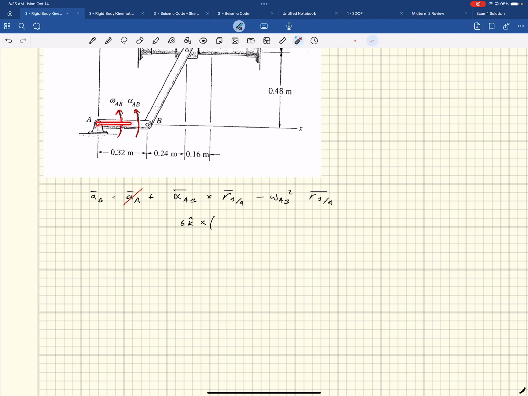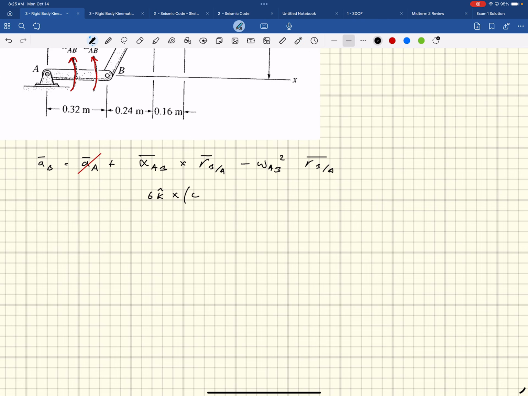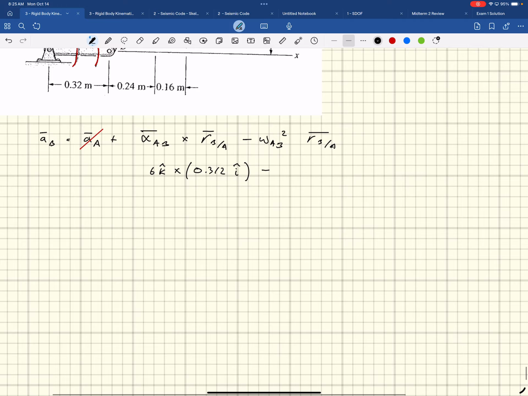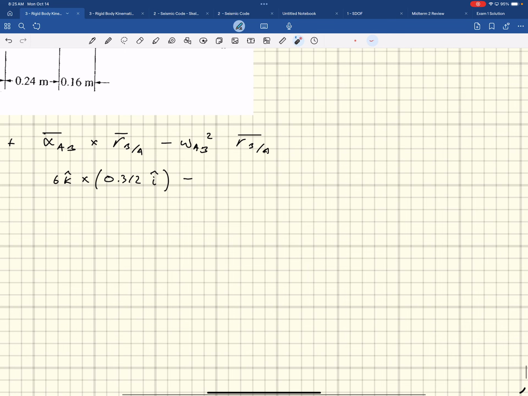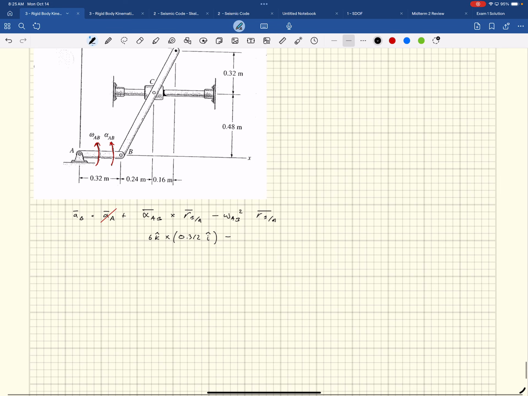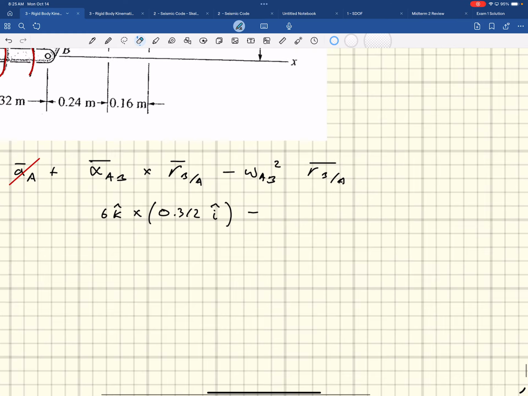I'm at A, going to B, so that's 0.312 in the I. Minus omega AB, which was given to us: omega AB is 2 radians per second.